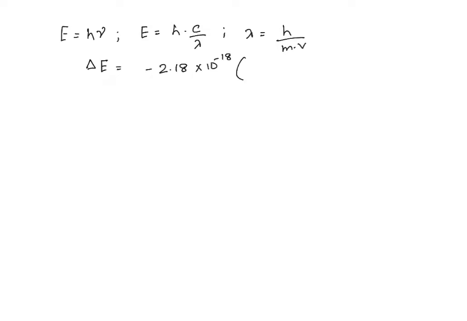Now, what kind of problems will you see on this chapter? You will definitely see problems with formulas that look like this: delta E is negative 2.18 times 10 raised to negative 18, 1 over final n squared minus 1 over initial n squared.